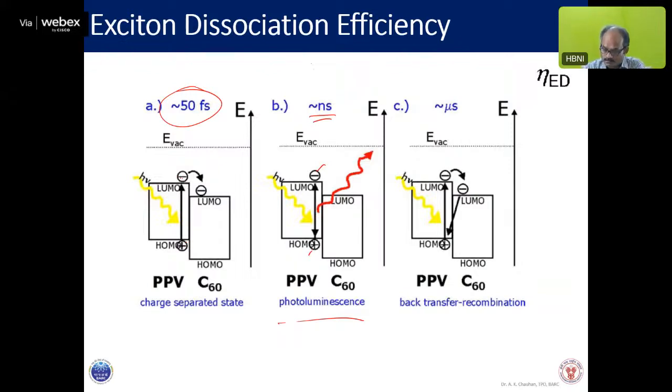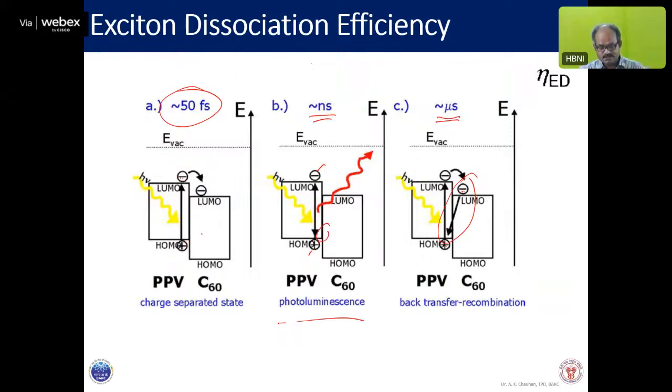And as I said, even if you have separated this exciton into electron and hole, this electron and this hole can still combine by back transfer, but the time scale is even lower. So this probability, though it exists, is very low as compared to this and as compared to this.